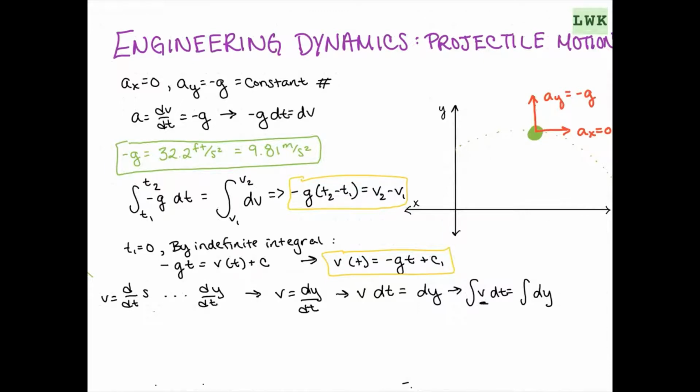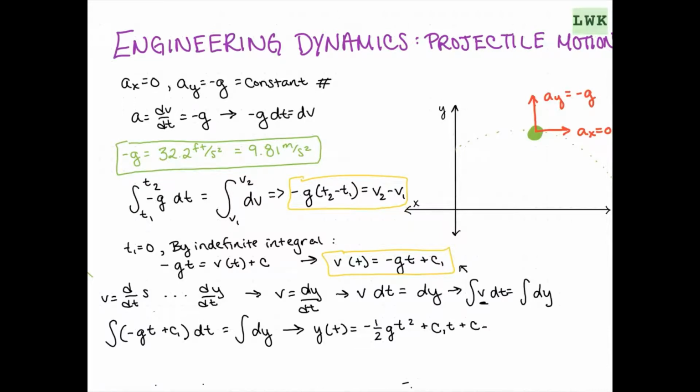Let's plug in what we know for v. So let's write negative gt plus c1 dt equals dy. And that's going to give us an expression for y of t equals negative 1/2 gt squared plus c1 t plus a constant c2.